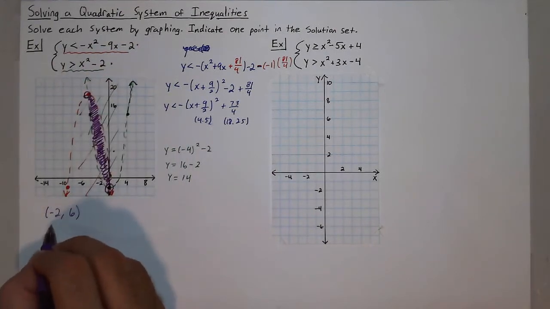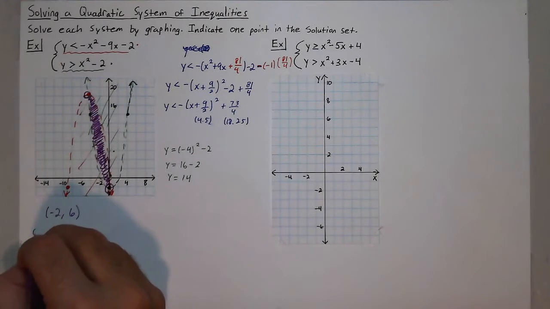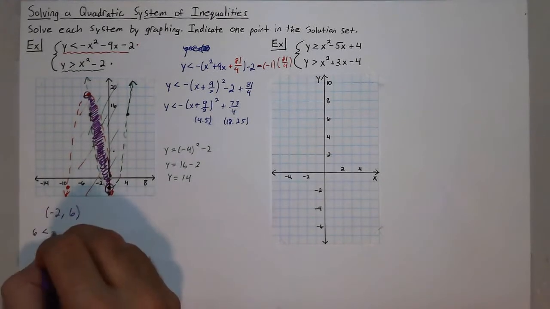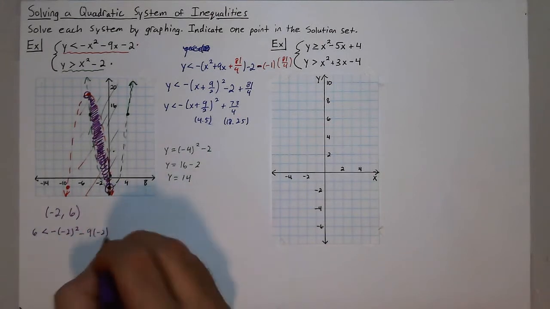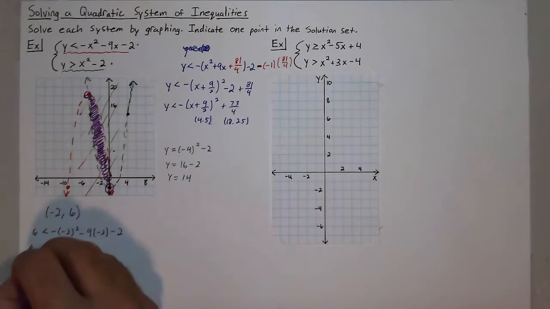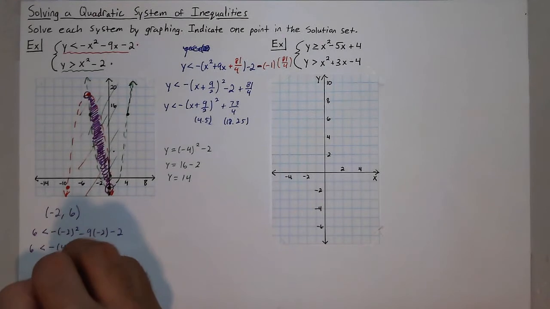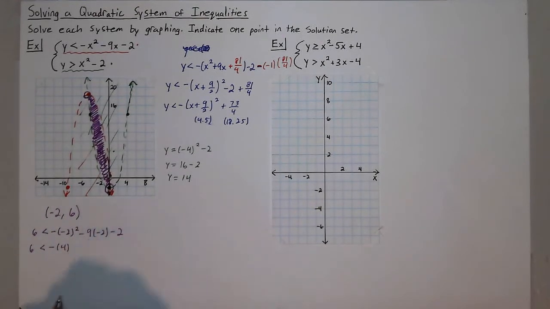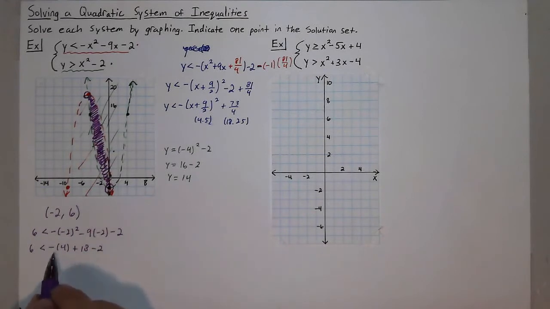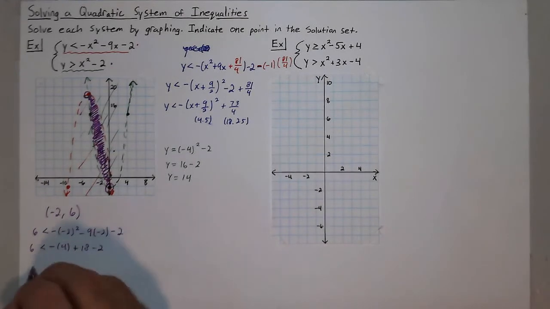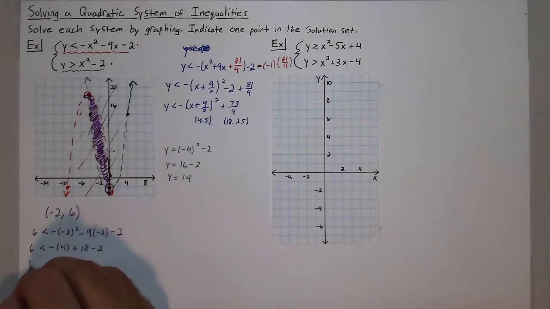So if I plug in 6 for y, I get 6 is less than negative of -2 squared minus 9 times -2 minus 2. So 6 is less than negative of 4. Then -9 times -2 is plus 18 minus 2. Well, this is a -6 minus 18 plus 18, which would be 12.